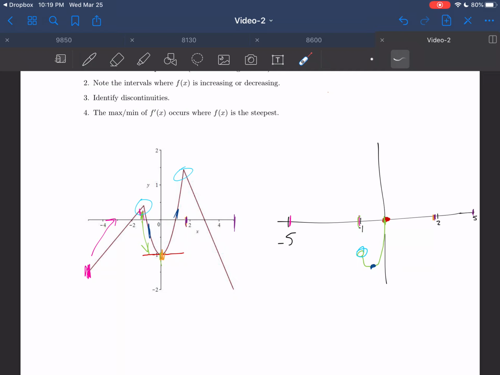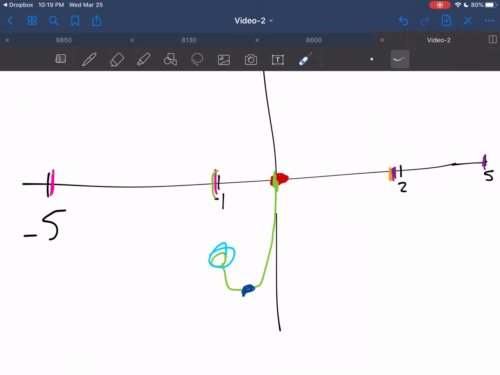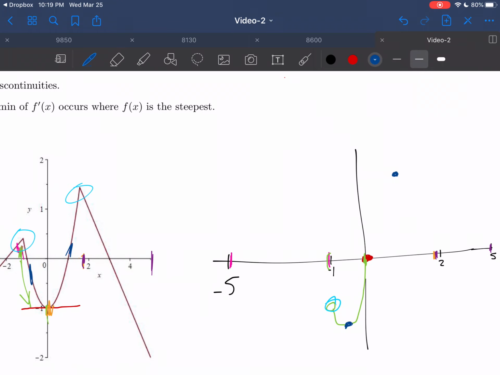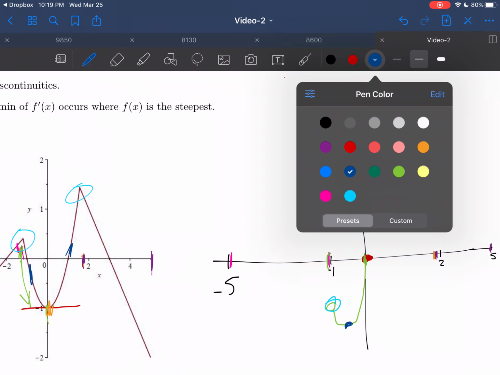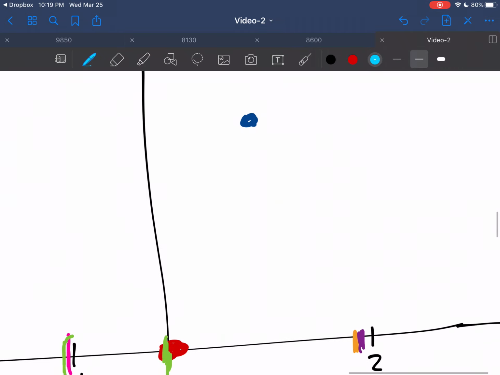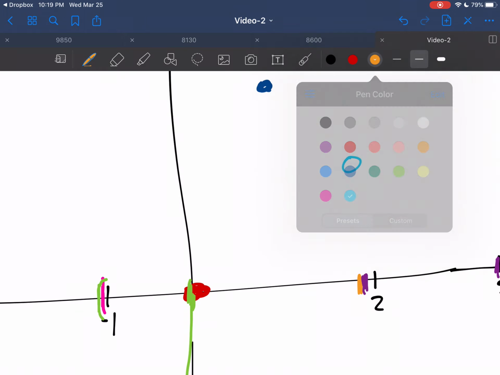All right, and then we've got a maximum, so over here this chunk is increasing, so that means this will be a maximum value. Okay. So we can have our maximum somewhere about here, thereabouts. And we know we'll also have a discontinuity somewhere over here. Okay, so I can fill in this section of my graph.